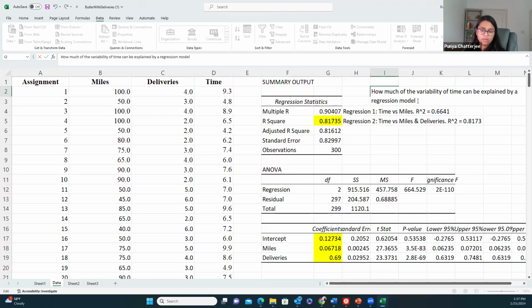We want to be able to explain as much as possible because that will minimize the random error term that we talk about. So it's basically the same thing. It's basically also minimizing the random error term that we have in our regression. Okay. Great question. Any more questions?